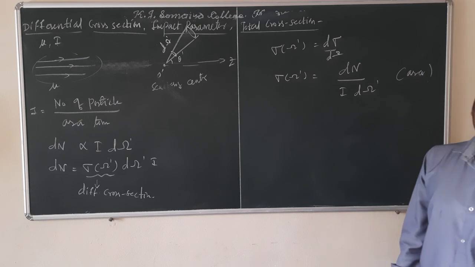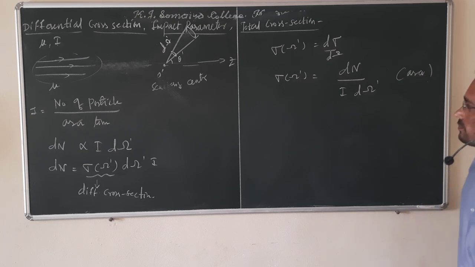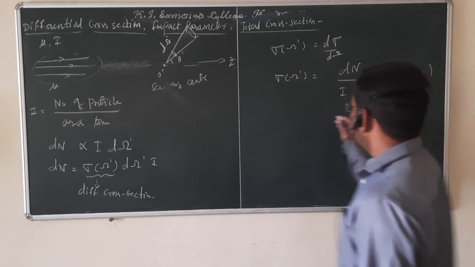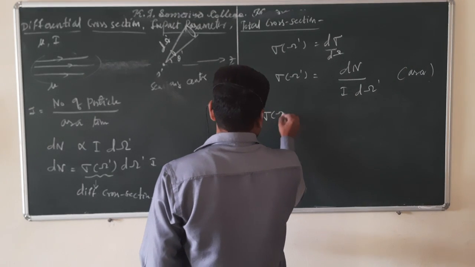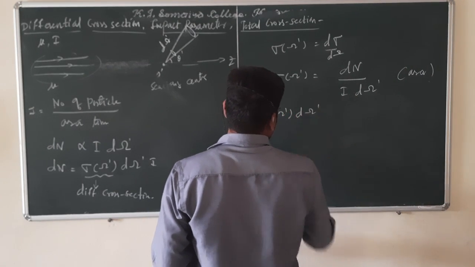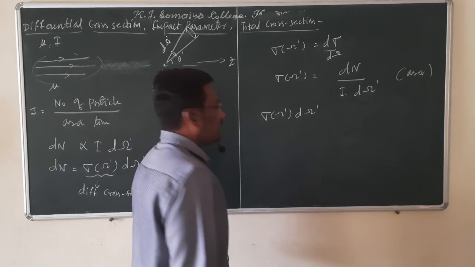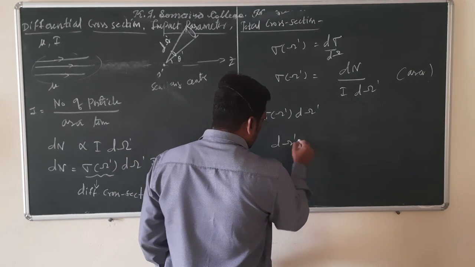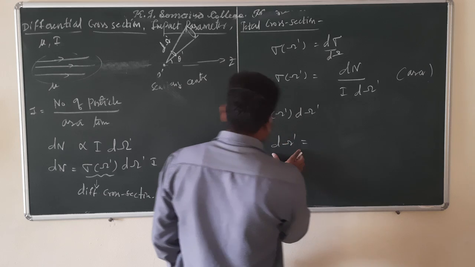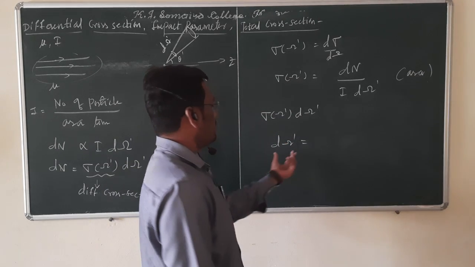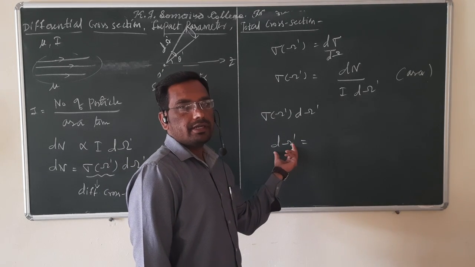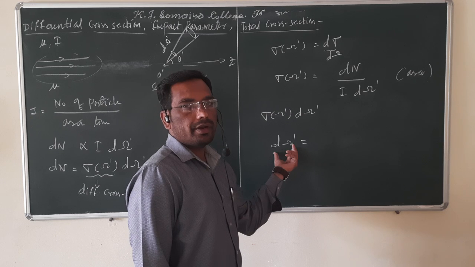Now if you take the sigma omega dash d omega dash term, d omega dash is the solid angle, which, as I told you earlier, can be represented by the spherical polar coordinate system.